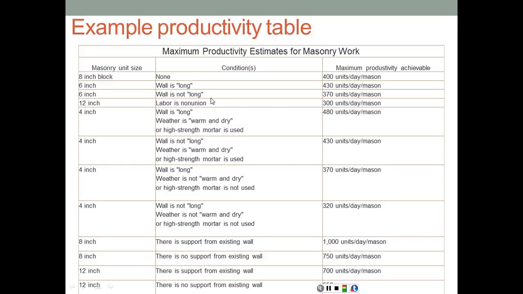So you can see different conditions, and if the wall is long, then definitely we're going to have more production because you're going to have minimum interruptions, so we can achieve 430 units per day per mason. If it's a short wall with corners and a lot of interruptions and so on, that's going to reduce our production rate to 370 units per day per mason. So based on these productivity tables, we can estimate the duration of the activity.